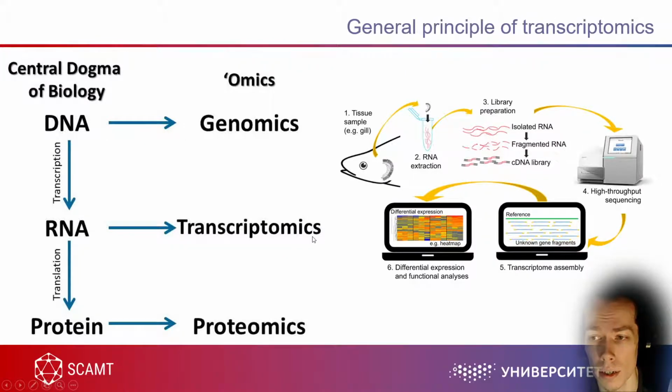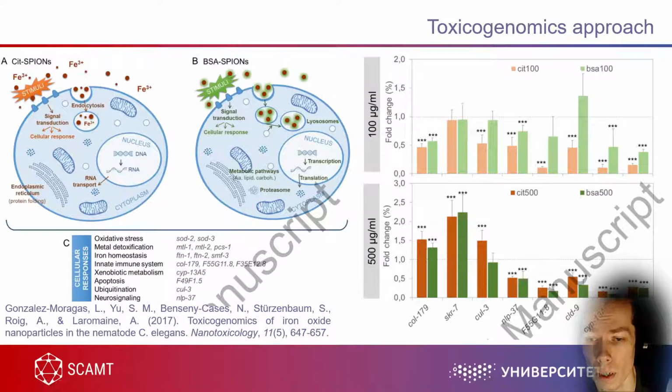And there are now a lot of very recent papers working with the transcriptomics approach. In some cases, there are even cross-linkings between transcriptomics, genomics, and toxicity. For example, this paper is called a toxicogenomics approach.